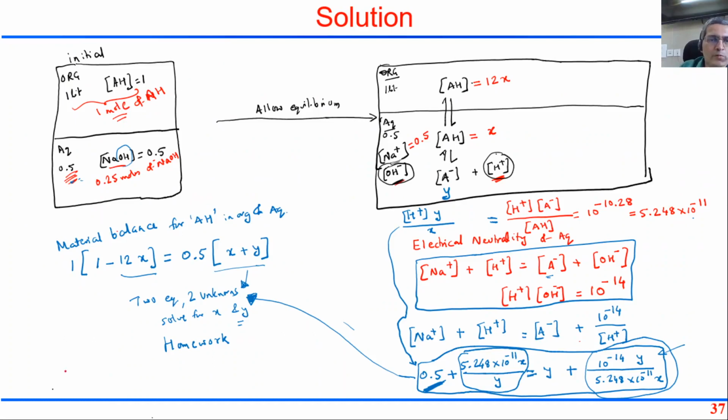So now if you want homework, part C, repeat part A for different initial NaOH concentration.